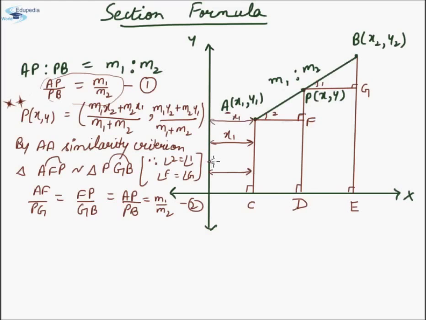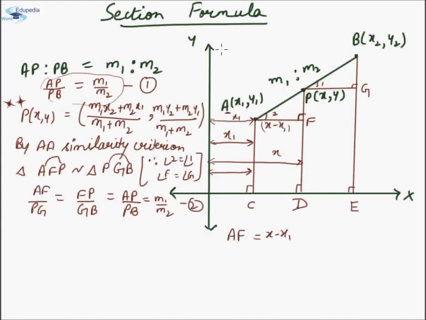Similarly, this distance is the x coordinate of P, that is x. Thus we can say that AF is the difference of x and x1, that is AF is equal to x minus x1.